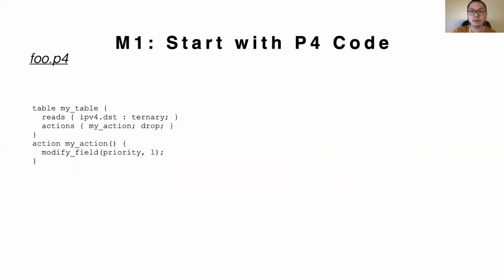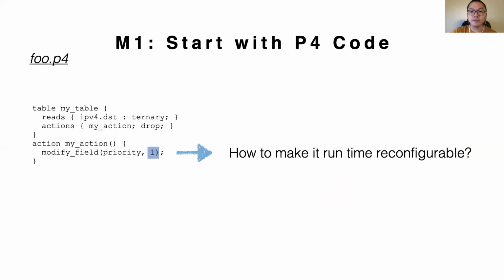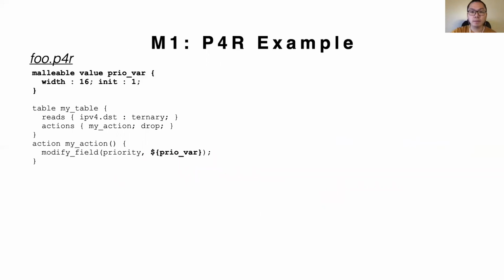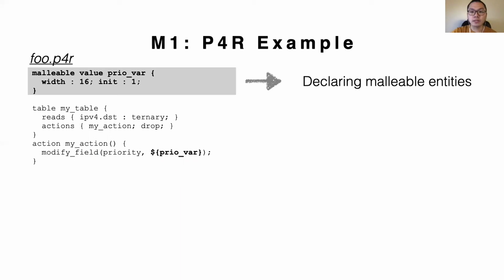Let's start with a simple P4 code snippet. Here's the action and table that, based on the destination addresses, assigns the priority levels. What if we want to reconfigure this priority based on the queue depths? First, we declare a malleable entity, for example, a malleable value that takes a 16-bit value and gets initialized to 1.